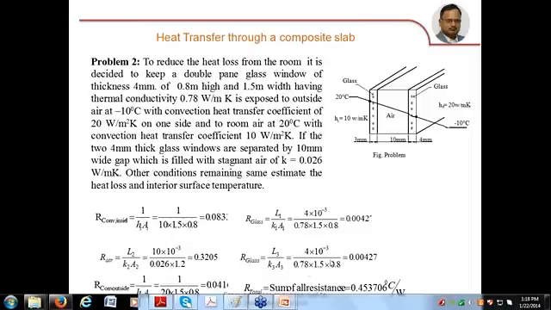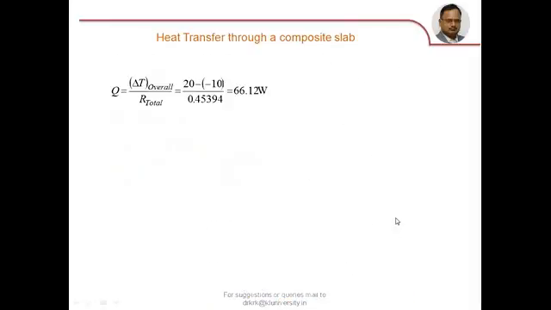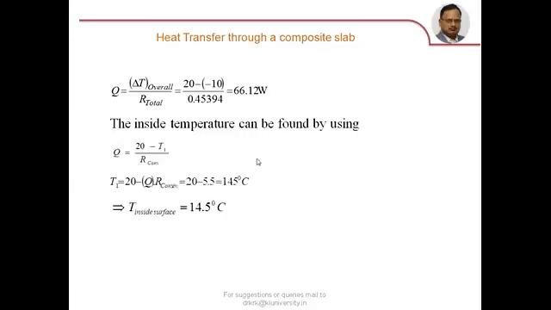Same thing. And again glass, and again outside air 1 by h_o A. If you add all these things, you will get R total. Now once you get the R total, the Q value is delta T overall by R total: 20 minus of minus 10 by total resistance, which gives 66.12 watts.